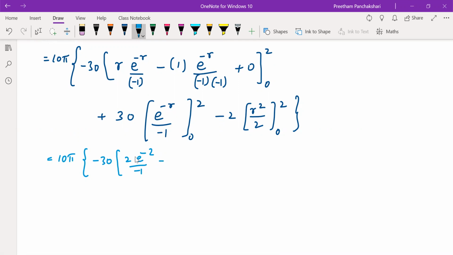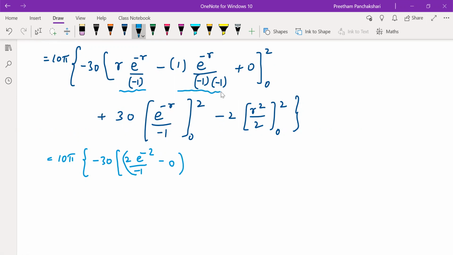Minus. Now we shall apply the lower limit for this term. First term, lower limit. The lower limit is 0. So if you put r equal to 0 here, everything goes to 0. So that completes the substitution.